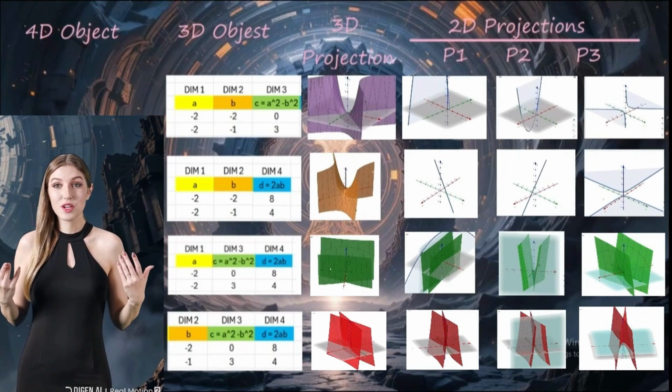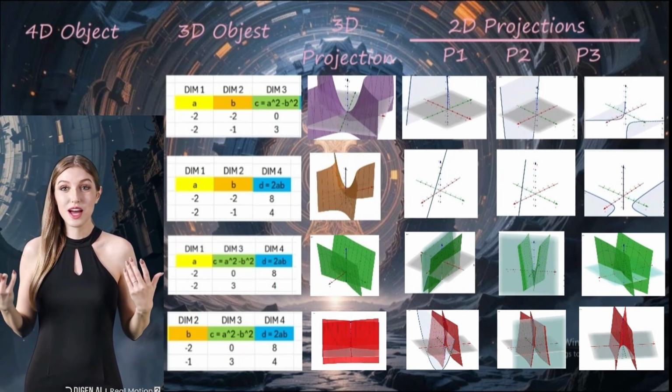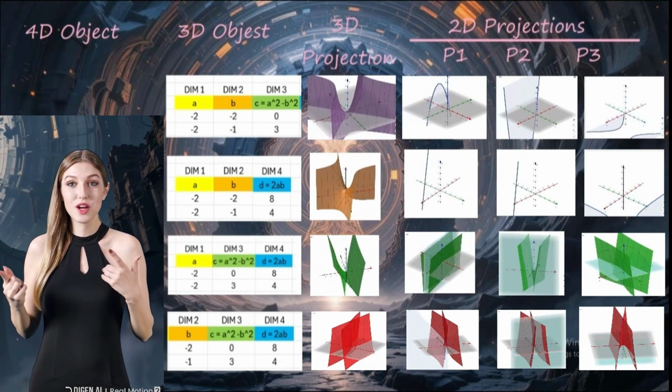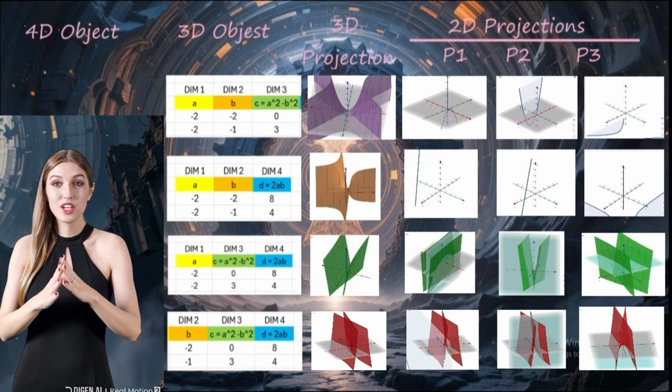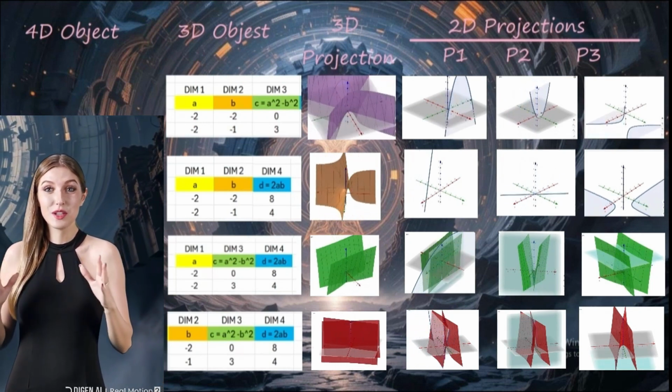Finally, we can fill all the blank space. We have 4 3D projections and 12 2D projections, which are the projections of the same 4D object.